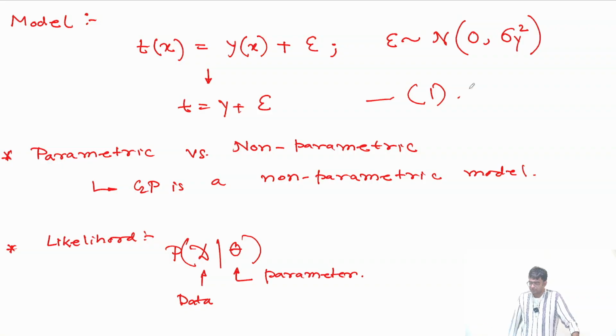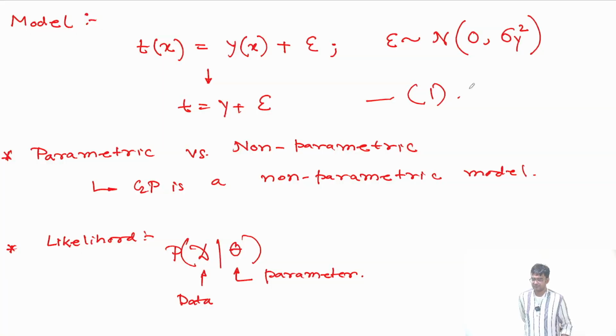what is unknown? Parameters are generally unknown, right? Model, let's say. And that data is obviously noisy. So what will likelihood mean in equation 1? Now let us come to that. What is unknown in equation 1? And what is data in equation 1?